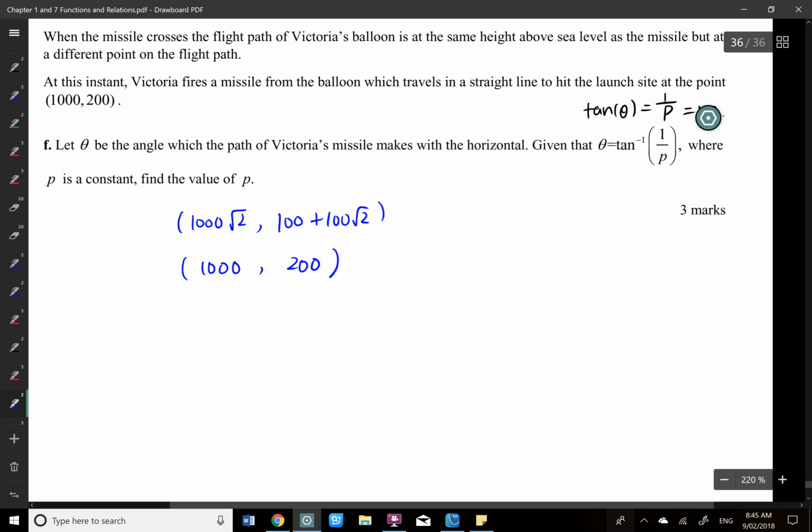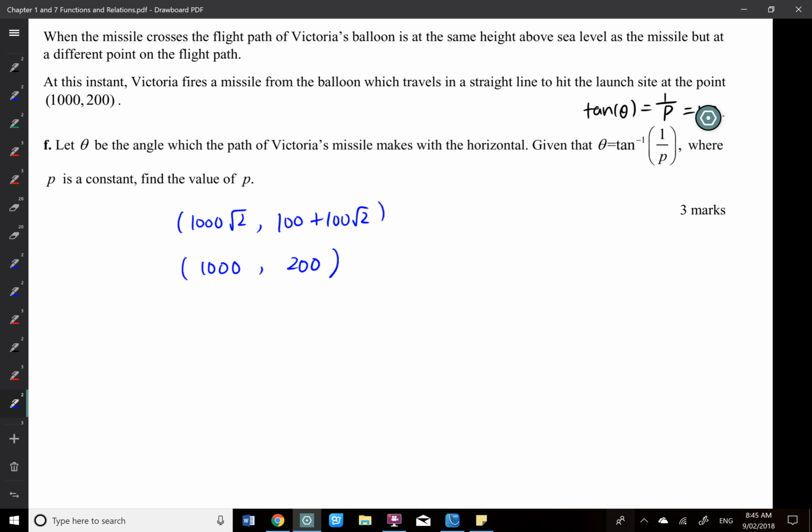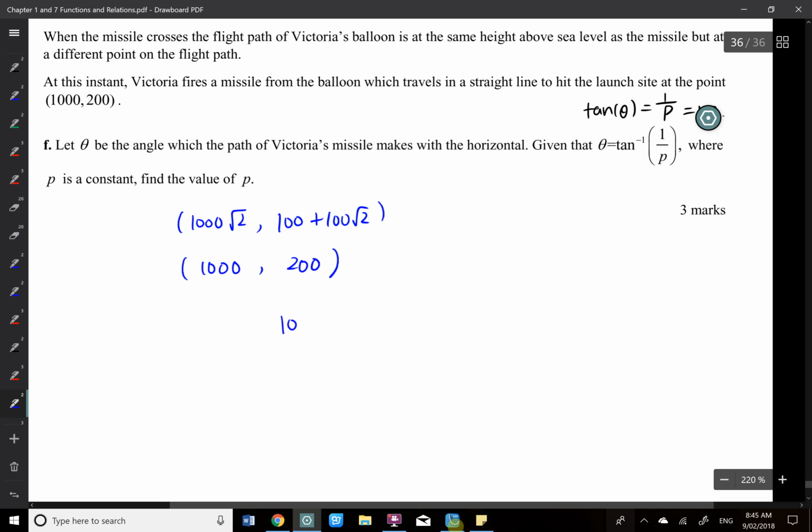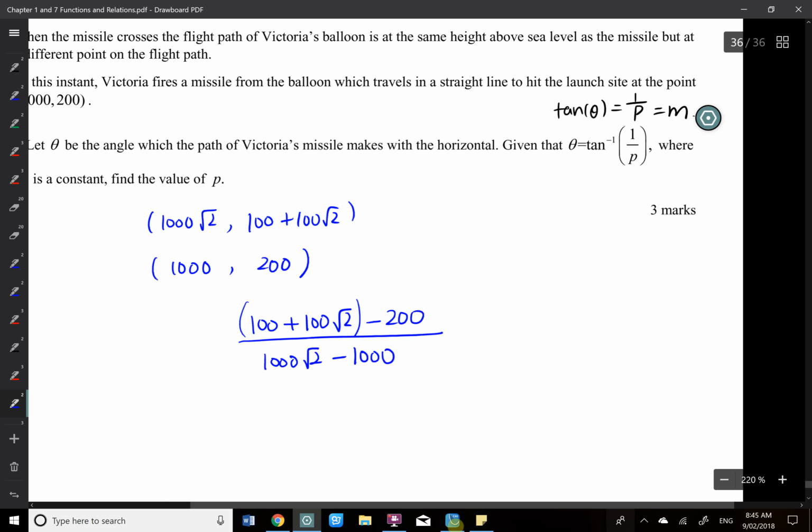So we want to find the gradient between those two points. We'll use 100 plus 100 root 2 minus 200, over 1,000 root 2 minus 1,000. So that equals 100 root 2 minus 100 over 1,000 root 2 minus 1,000.